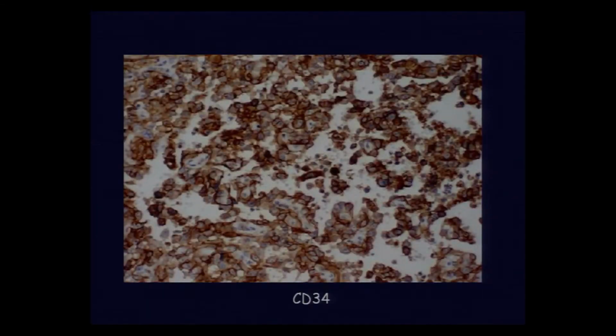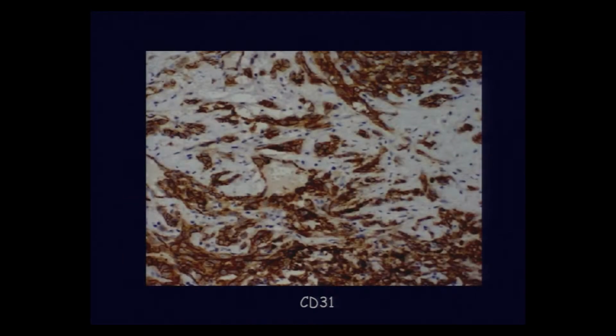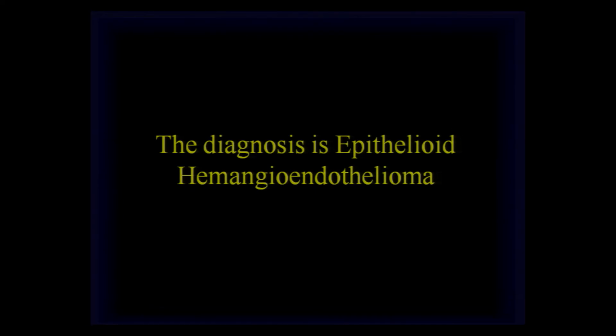And this is the photomicrograph, which shows the positive endothelial presence of CD34, which is the marker of endothelial cells. And this is also the CD31, which is a marker for endothelial cells, and it is positive. The diagnosis is epithelioid hemangioendothelioma.